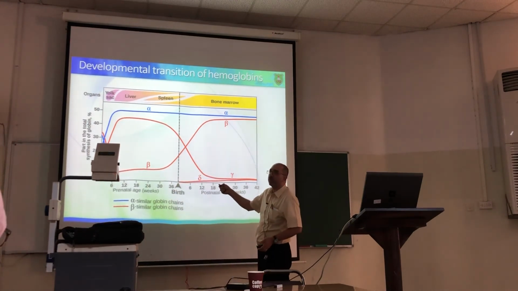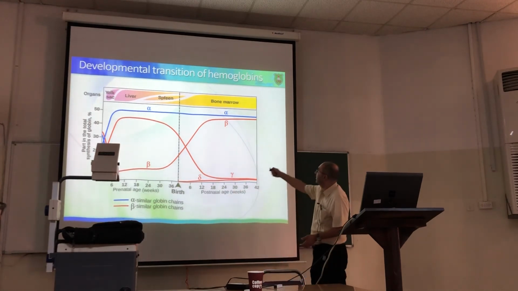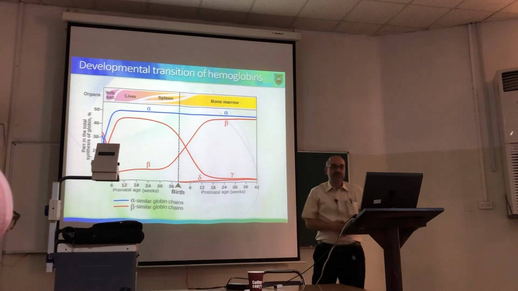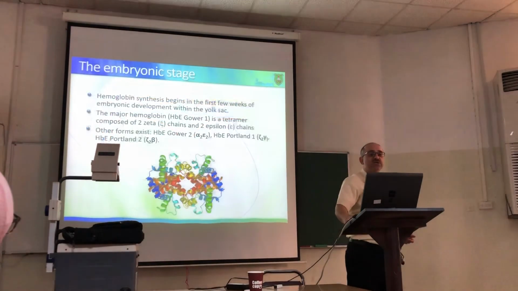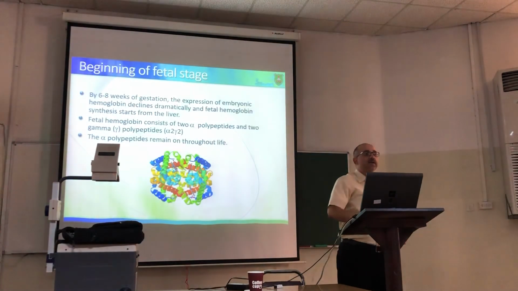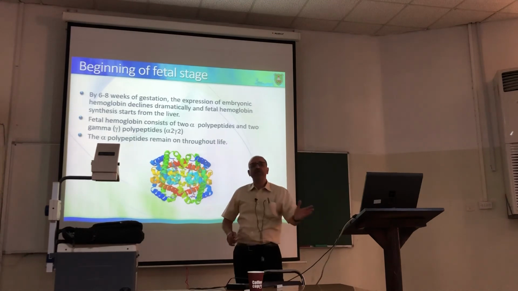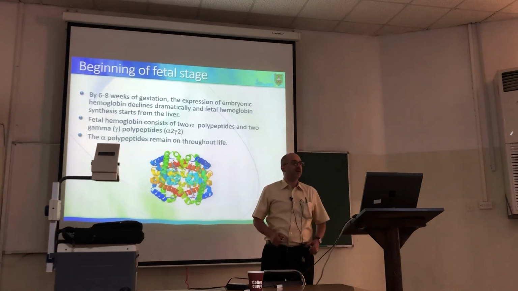The main source of globin proteins is liver, a little from spleen later on in the fetal stage, and then bone marrow from the adult stage. So in the embryonic stage, you have almost all forms of hemoglobin molecules. In the fetal stage, now you have a transition into the alpha and gamma.